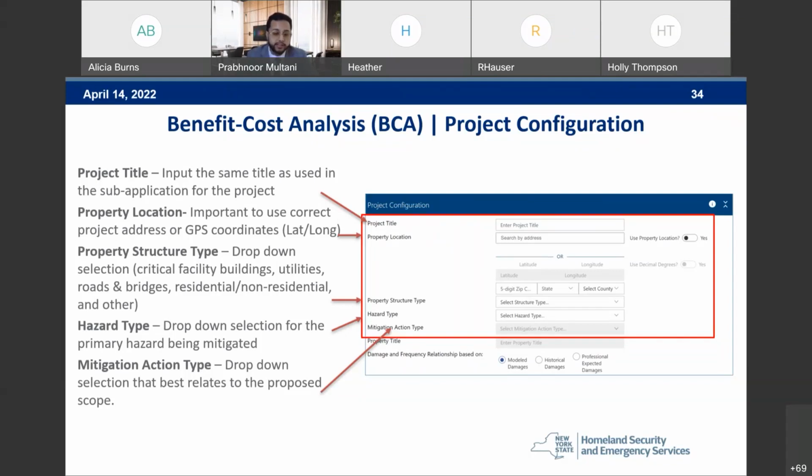Below that is hazard type. It's a drop-down selection for the primary hazard being mitigated, whether that's coastal flooding, riverine flooding, hurricane wind. And then right below that is the mitigation action type. That's a drop-down selection that best relates to the proposed scope, whether it's floodplain stream restoration, elevation, acquisition, etc. Next slide, please.